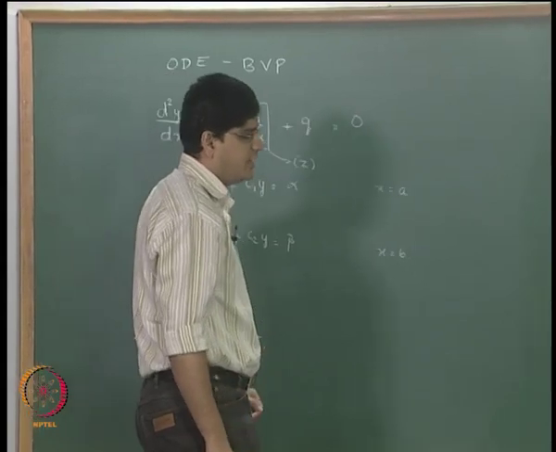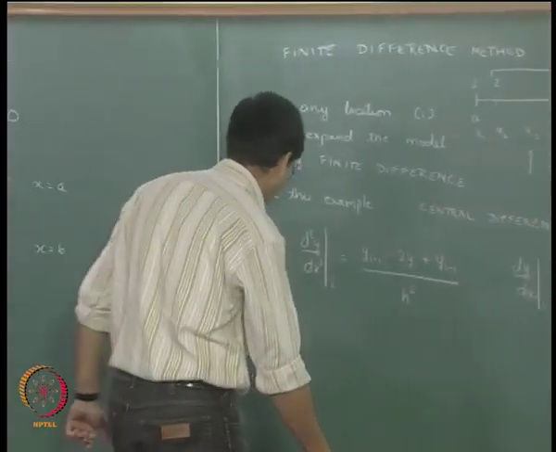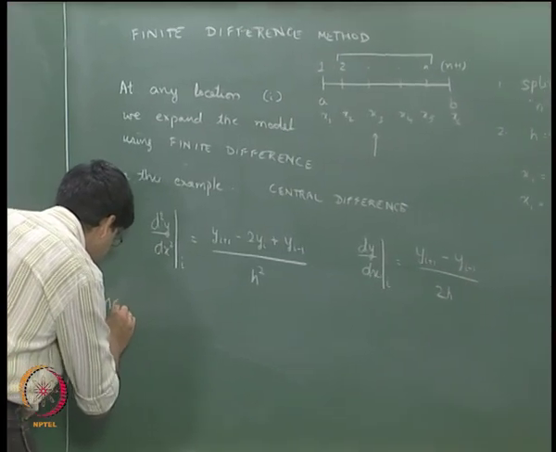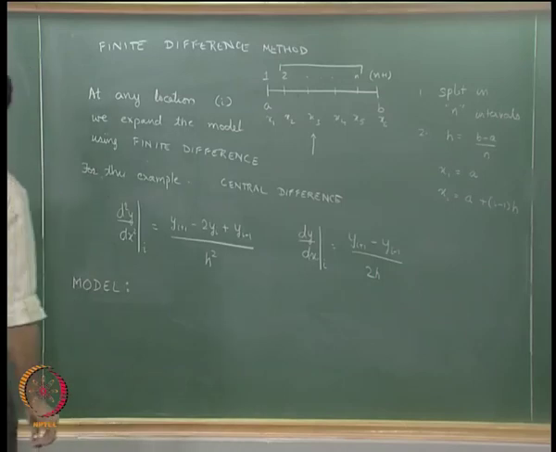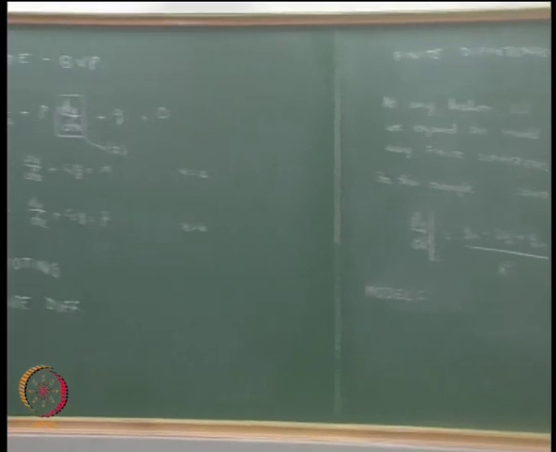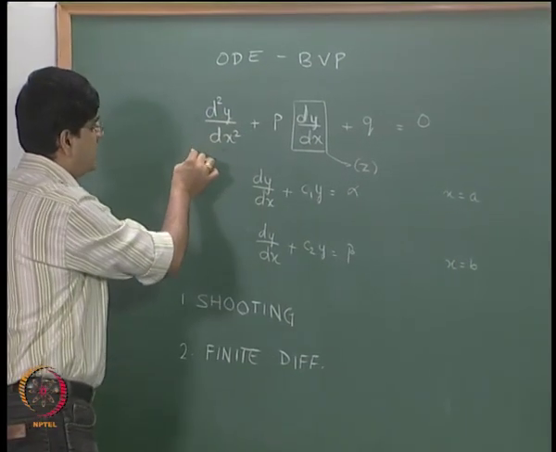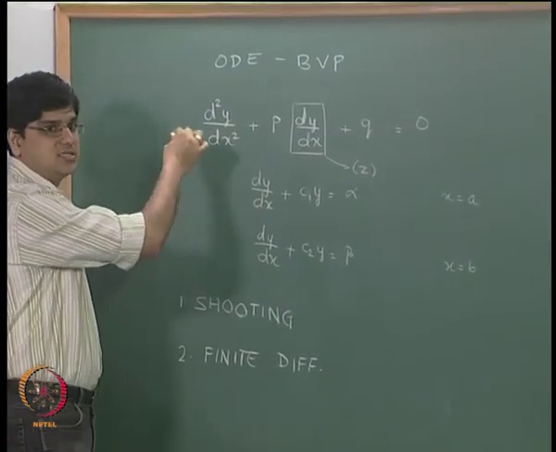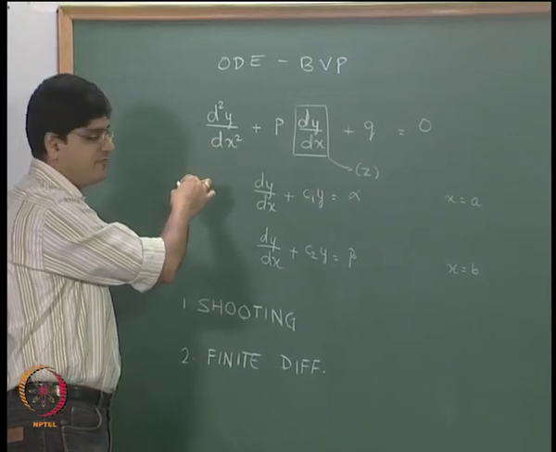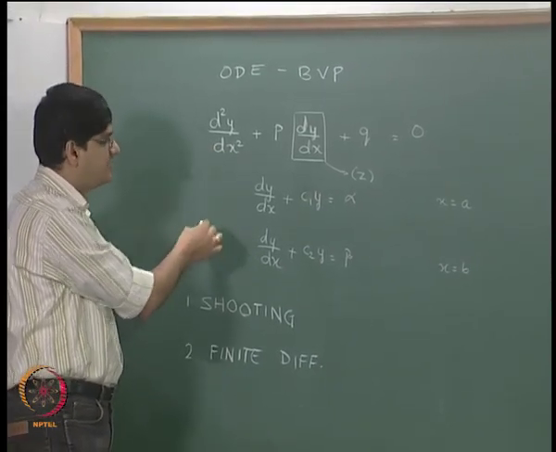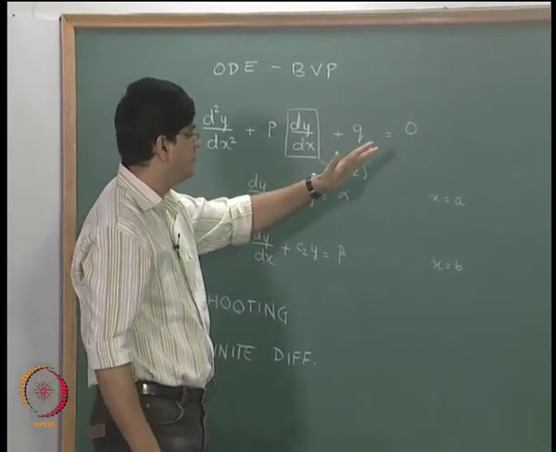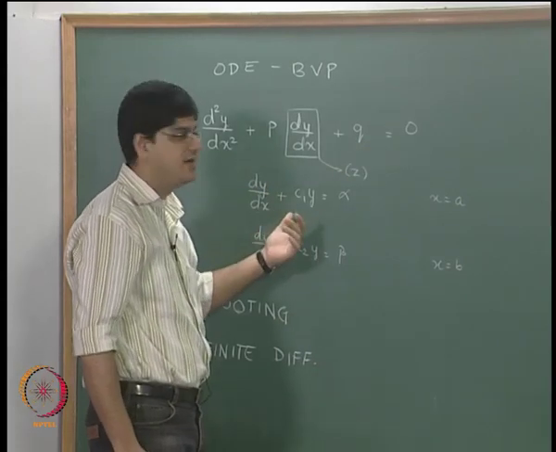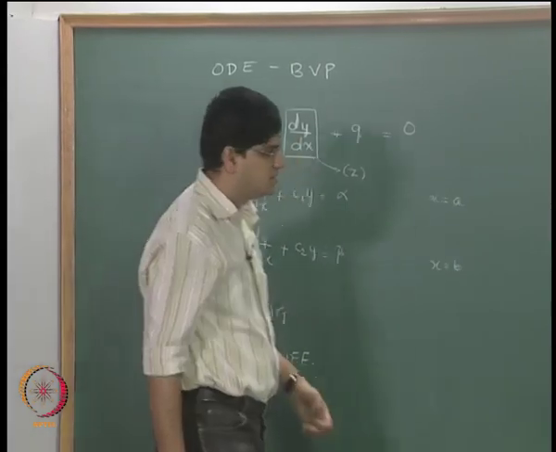So, substituting in the model equation, we will get the following. This term will be replaced by y i plus 1 minus 2 y i plus y i minus 1 divided by h squared. This will be replaced by y i plus 1 minus y i minus 1 divided by 2h, and the remaining terms remain the same.